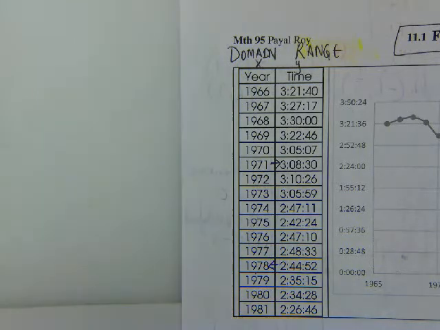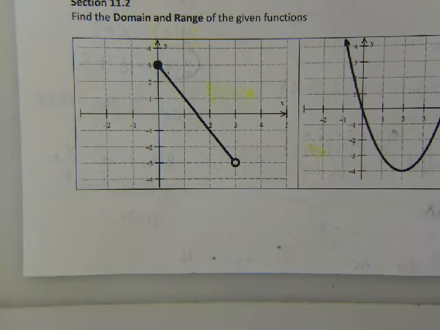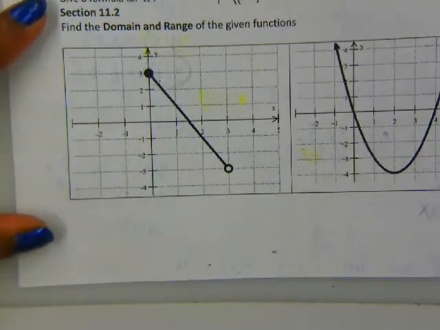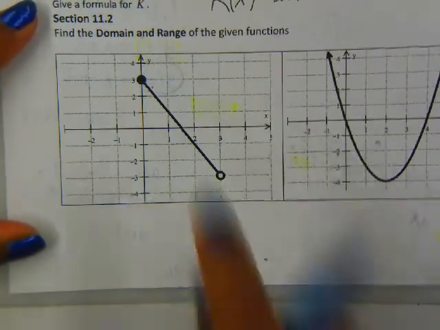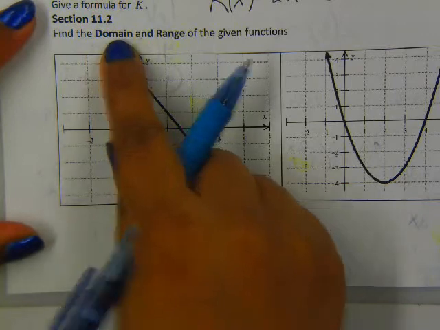And when we are working with a graph, of course, domain means what? X, and range means what? Y. Is everybody okay till here? Okay. So here they have given you a graph, and they are asking us to find the domain and the range.